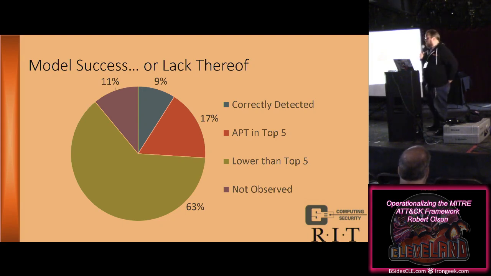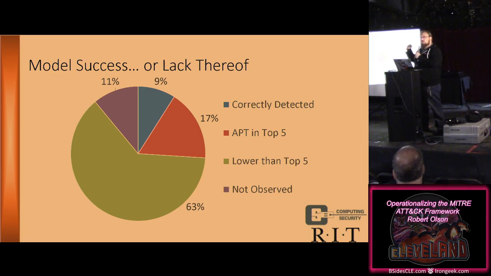So we knew which adversary we were emulating. We identified the specific techniques that we wanted to emulate, and our analytics correctly classified those techniques as being associated with a particular adversary 9% of the time. So we won 9% of the time.